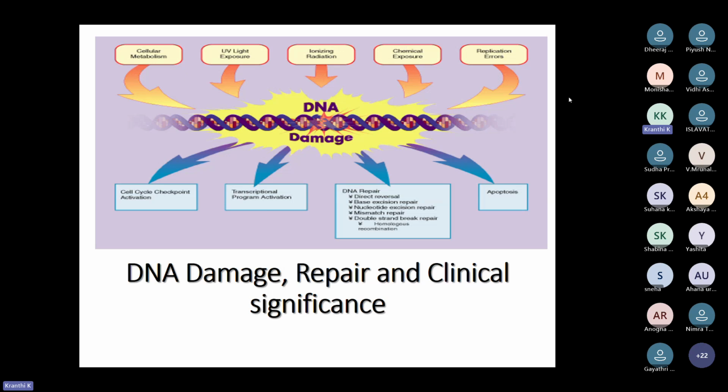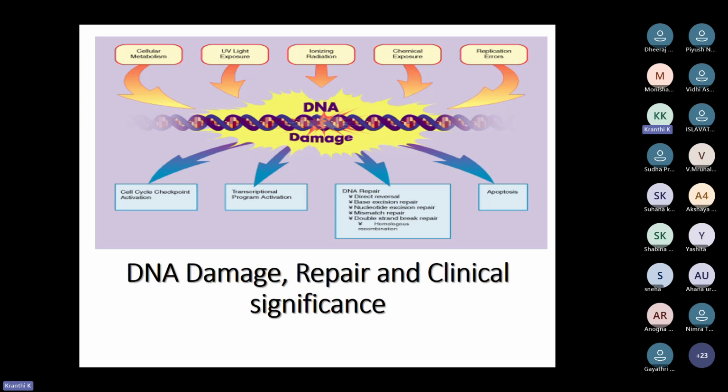What is a replication error? In the last class we discussed DNA replication. At the time of replication, if there is any replication error, that should be addressed and repaired. That is called proofreading. It will check whether the replicated DNA is exactly like the parent DNA or not.